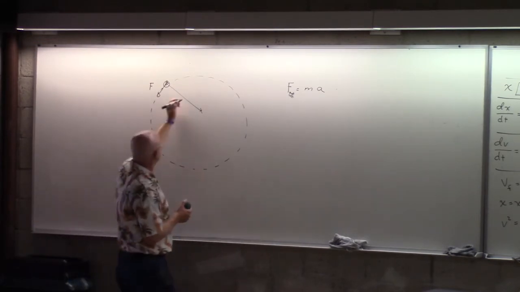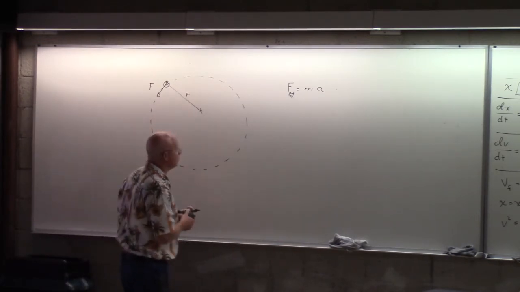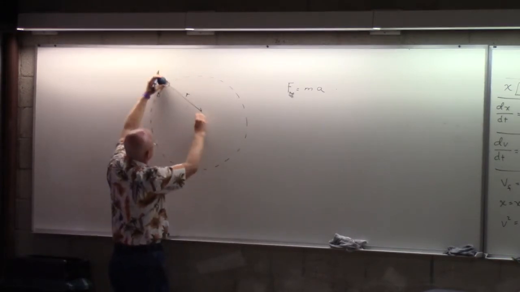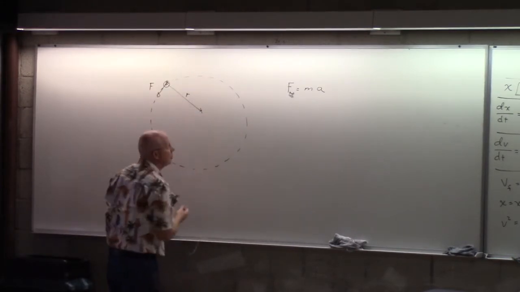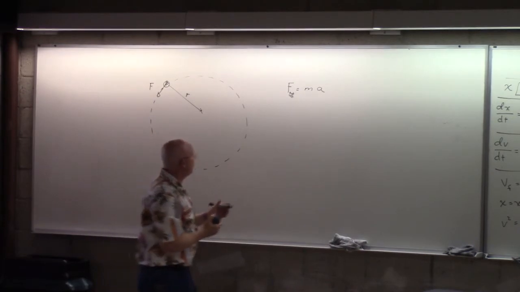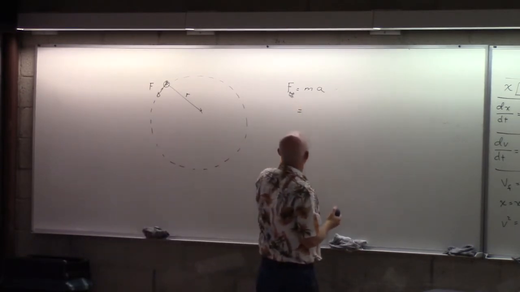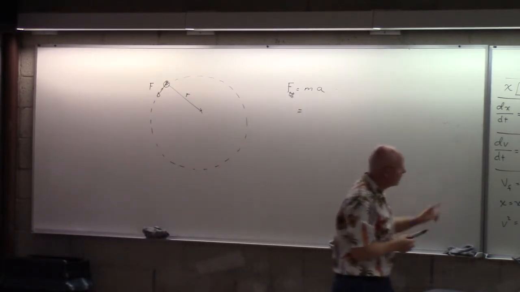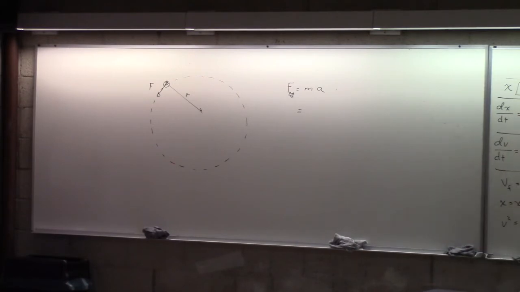So I could write something out here. Let me give a certain radius to this, and so it looks something like this, and I push it. But let me take advantage of what we were just talking about here. There's a mathematical connection between its translational motion and its angular motion.